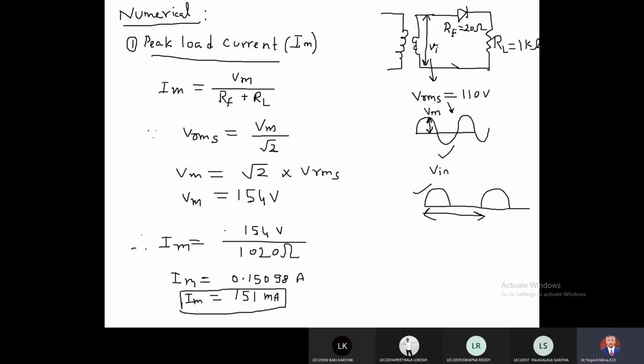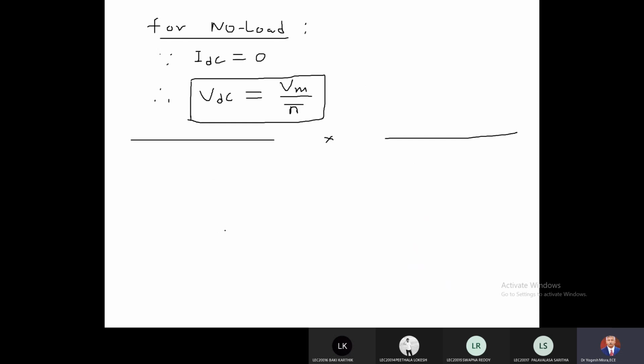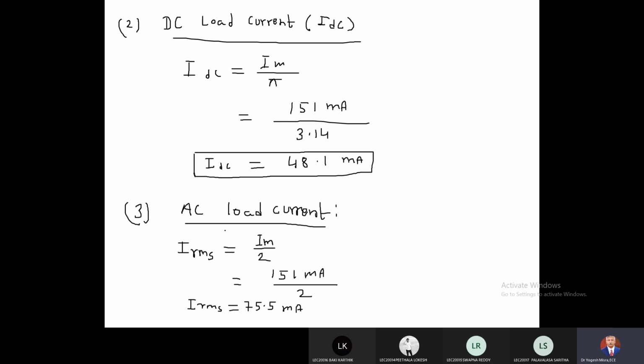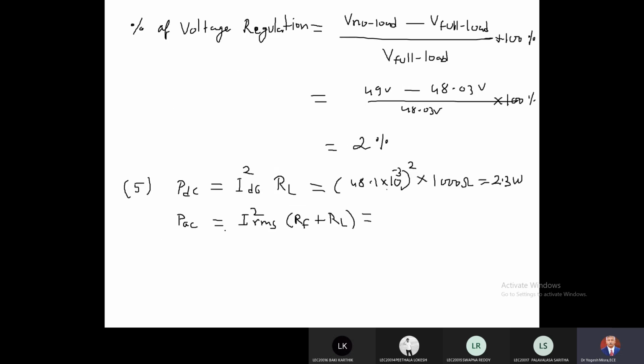Same way for PAC. The IRMS value we have already calculated. What is IRMS? Yes, this one, third point, 75.5 milliampere.